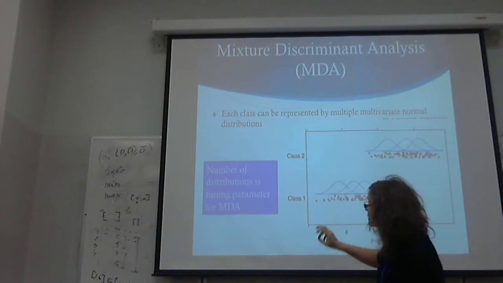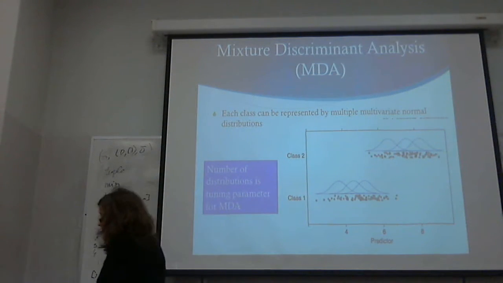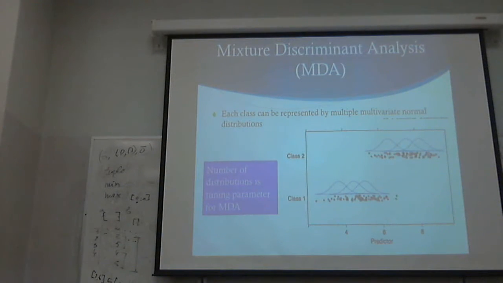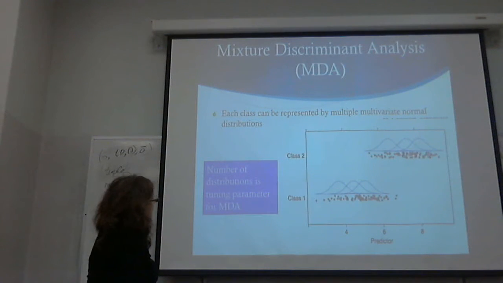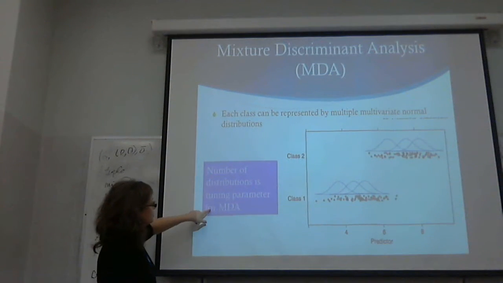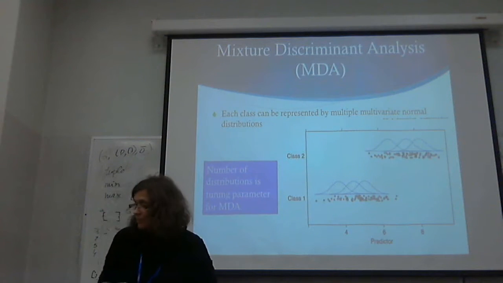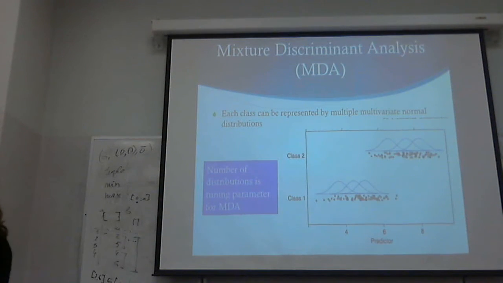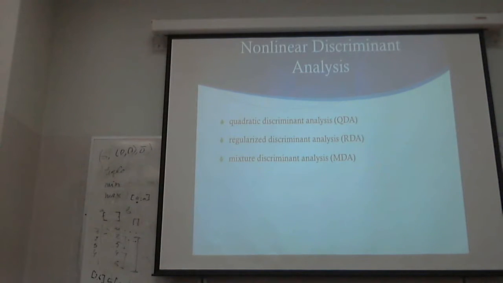This is the trick with this model, and that's why it takes a little longer to calculate. Actually, the number of distributions is a tuning parameter. If you look at my workshop, I will come back to it later.